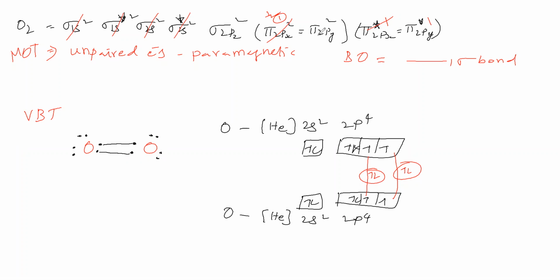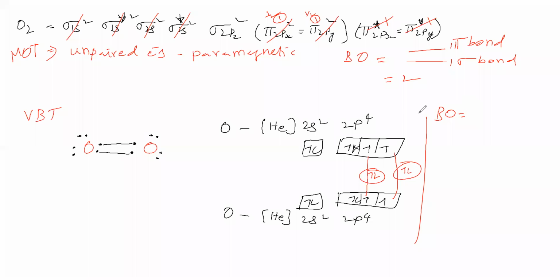Pi 2py contains 2 electrons and pi star 2py contains 1 electron, so again the remaining one forms a half pi bond. Half pi bond here and half pi bond here make totally one pi bond. Therefore the bond order is 2.